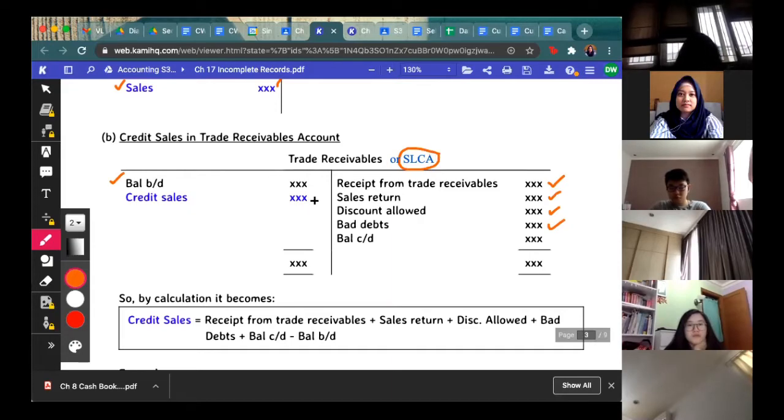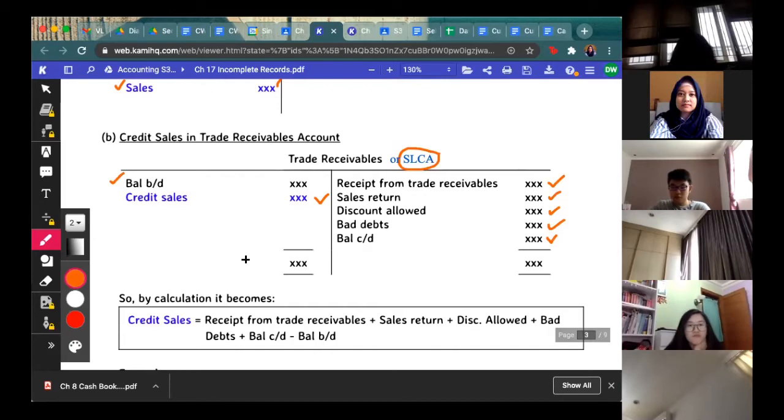Okay, the credit sales in the SLCA is on the debit side. So to find credit sales, you must add everything, all the information from the credit side, from receipts from trade receivables until balance CD, and then minus balance BD. As simple as that. Remember the business: if the business has just started, it's not going to have any balance BD.